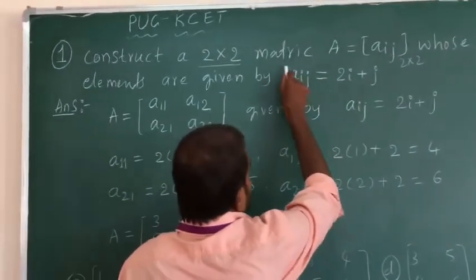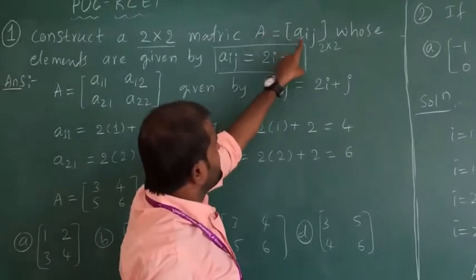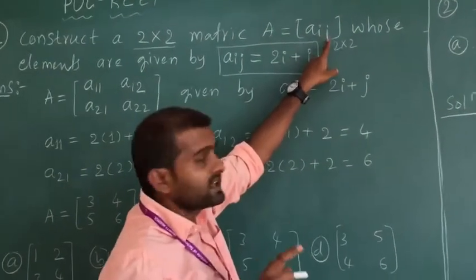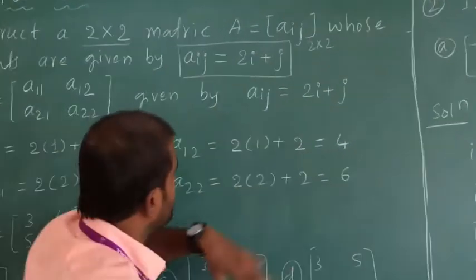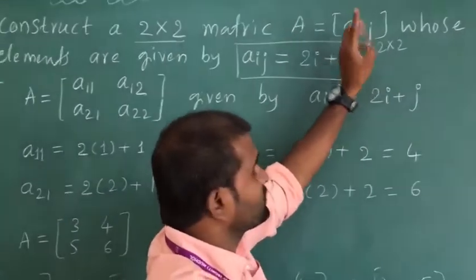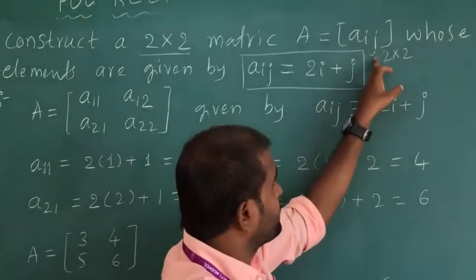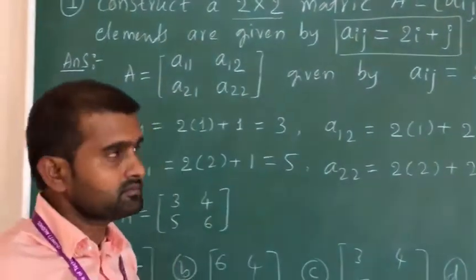Using this relation we need to find A, which is 2 cross 2, so i is 1, 2 and j is 1, 2. The total number of elements is 2 into 2, which is 4.